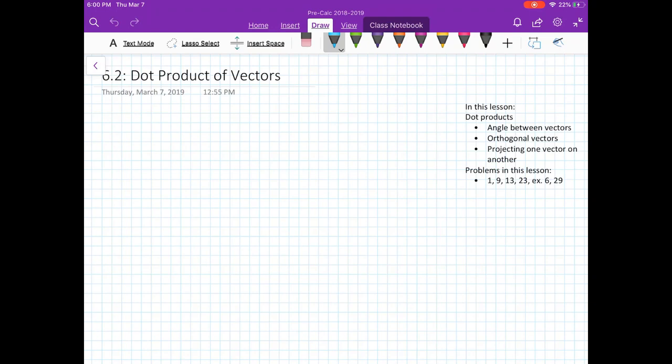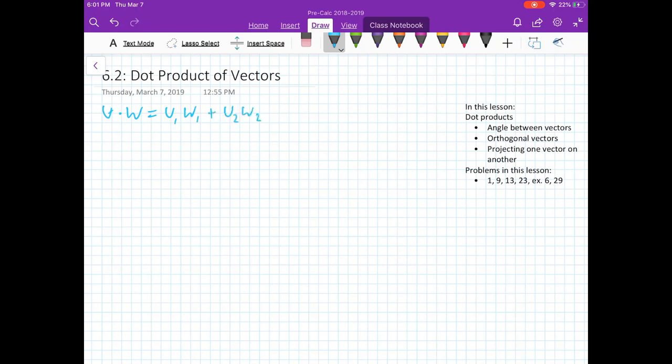So, the first thing we need to see is just what a dot product is. Now, if I have a vector, let's say u, and another vector, let's say w, I use w instead of v because I think it's easier to see in my handwriting. We're going to say this is the dot product of u and w, the combination of them, the effect of one on the other, will be u sub 1 times w sub 1 plus u sub 2 times w sub 2.